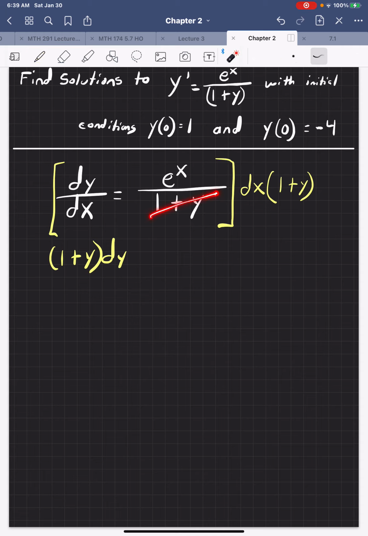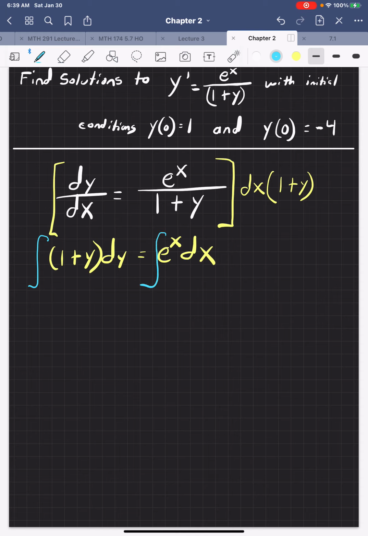And then this 1 plus y would cancel, leaving me with just e to the x times dx. Okay, so at this stage, they are now separated, and as soon as they are separated, we want to integrate.